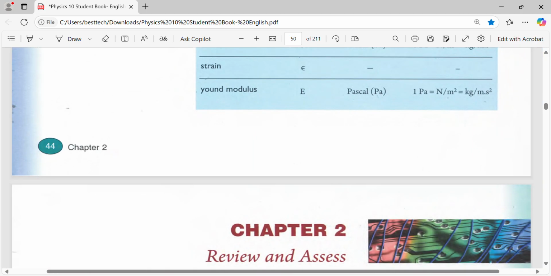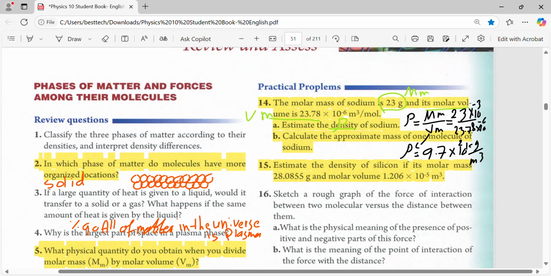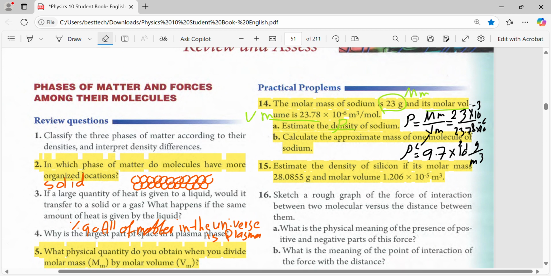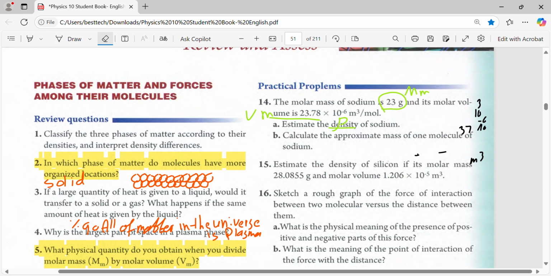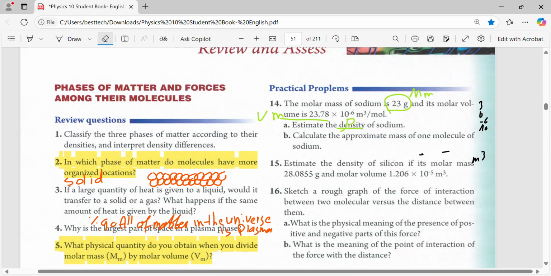Let me fix it. Part B, calculate for one molecule. So what was the rule to find the mass for one molecule?